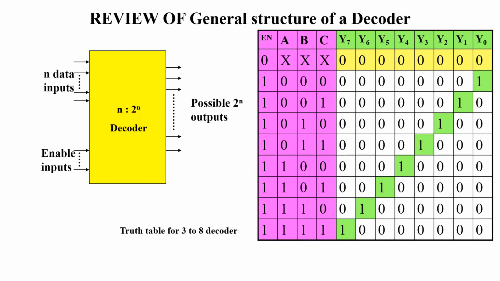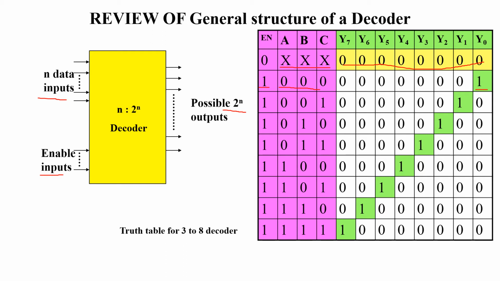Let us see the general structure of a decoder. Here n inputs are decoded into 2 power n possible outputs. If enable is 0, all the outputs are disabled irrespective of the inputs. If enable is 1, when the input is 000, y0 will be selected and activated.